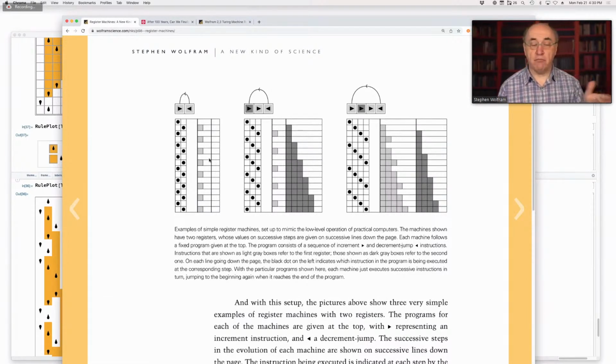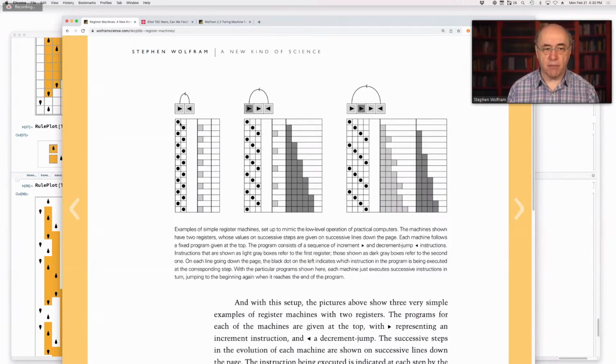Increment a register, which contains an integer, or decrement a register, and if the register is 0, jump to another part of the program. So this is a very simple program here, written in something like a machine code, where you say this is an increment instruction, and then you do the increment instruction, and you go on to the next instruction. The next instruction here is a decrement instruction, and that decrement instruction jumps back to the first instruction if it's 0.